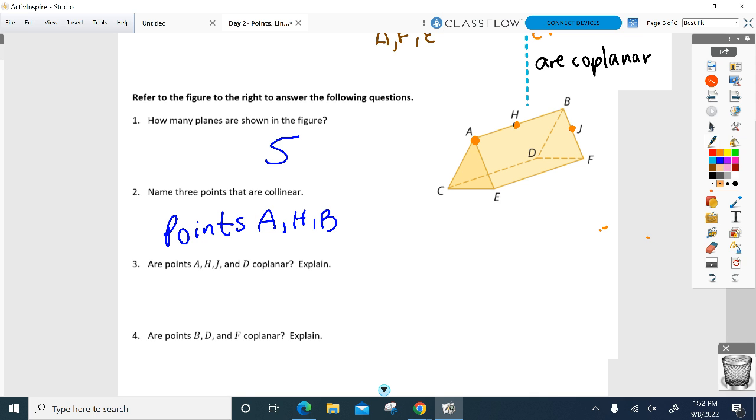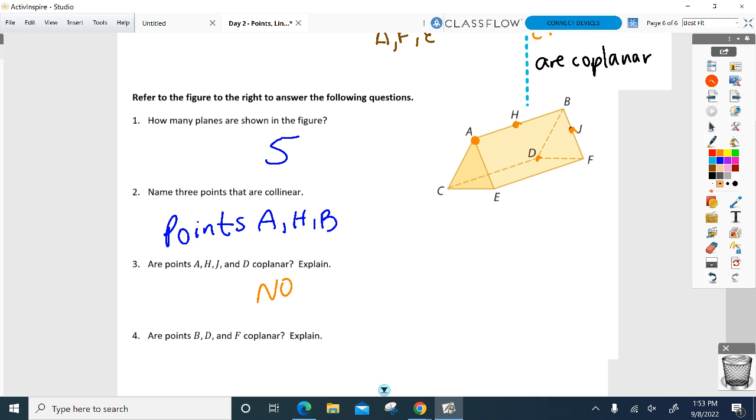A, H, D are on this plane right here, right? A, H, D is part of that back plane, isn't it? Is J part of that? No. So are all four on the same plane at the same time? No. They're not on one of those five planes. All four have to be on the same plane. Three of them are in certain cases, but the fourth one's always not there.